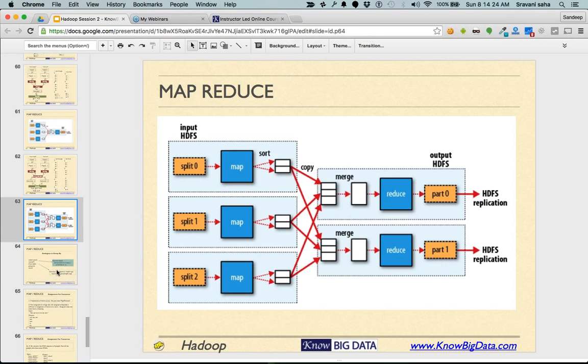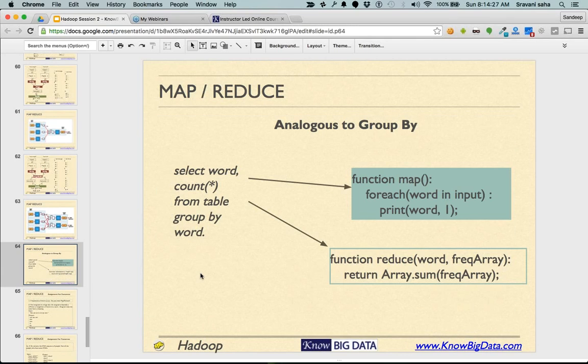Moving ahead now. When you think about MapReduce, map is preparing the ground for sorting, and then the reduce function is combining all the values for a key. So it looks like a group by.